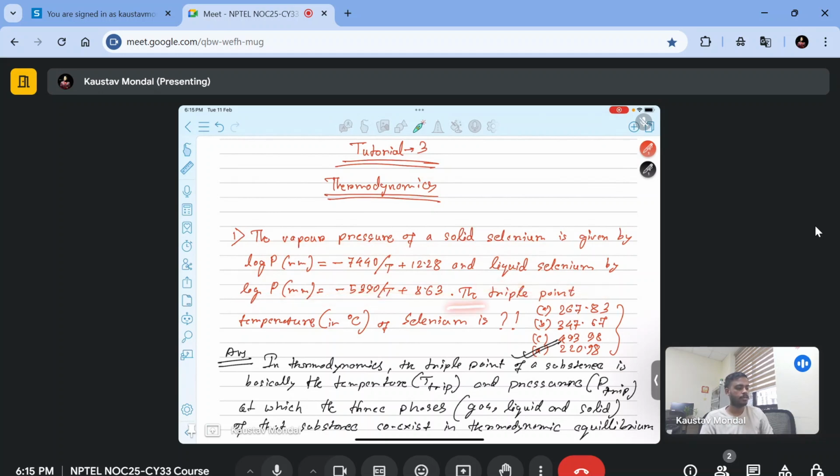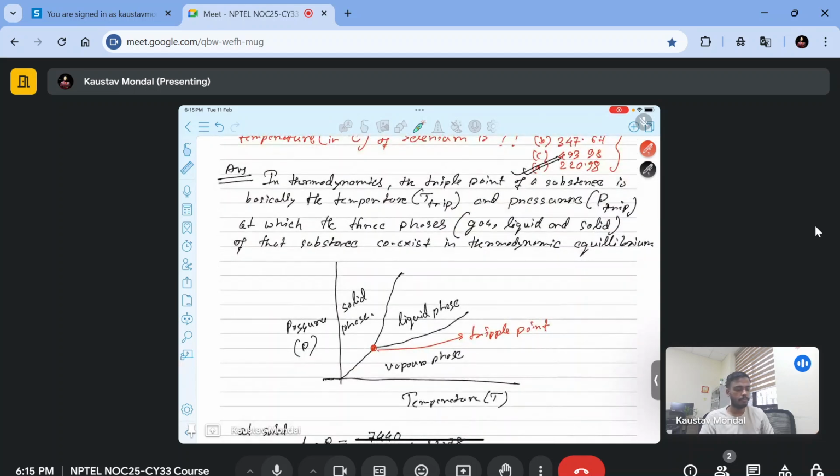You are asked to find the triple point temperature of selenium. The triple point is a particular value of temperature and pressure on the pressure-temperature scale at which all three phases of a substance, liquid, solid and gas, coexist.